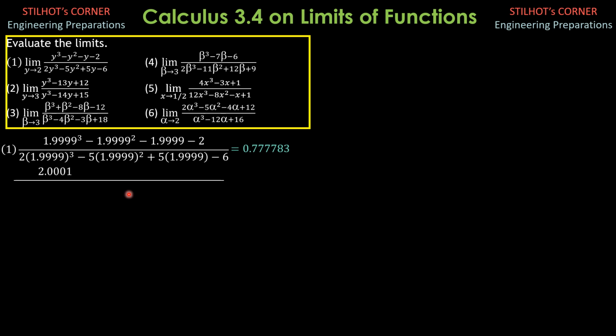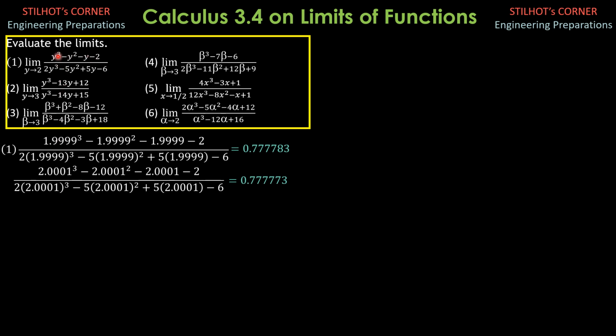So 2.0001 cubed minus 2.0001 squared minus 2.0001 minus 2, all over 2.0001 cubed minus 5 times 2.0001 squared plus 5 times 2.0001 minus 6, and that is equal to 0.77773. They are almost equal, so the limit exists, and the answer is 7 over 9. That's the equivalent fraction. So let's now show that it is 7 over 9.